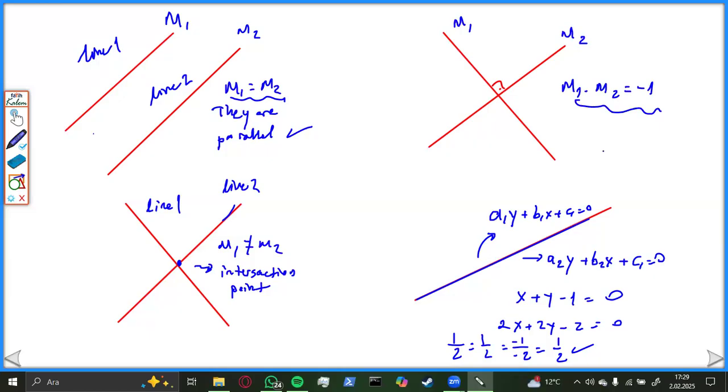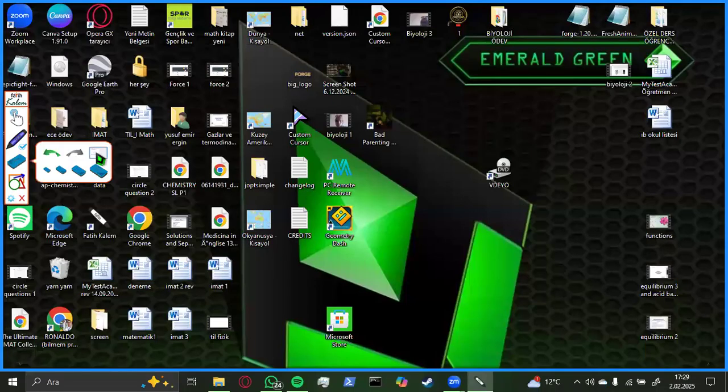Let me show you some simple examples. Assume that our first equation is 2x plus 4y minus 1 is 0. And 6 times x plus 12 times y minus 3 is 0.